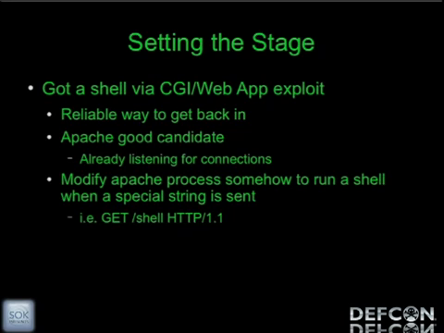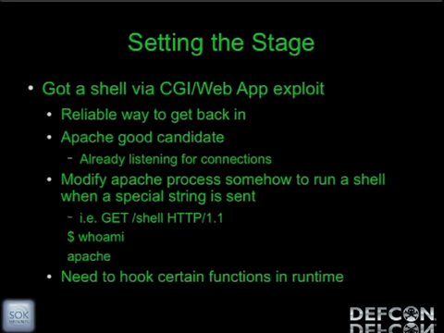When I send it GET /shell HTTP/1.1, it's going to drop me into a shell. So if I run the whoami command, it's going to say apache. To accomplish that end goal, I need to hook certain functions at runtime, and there are certain techniques for getting your shellcode stored and run.